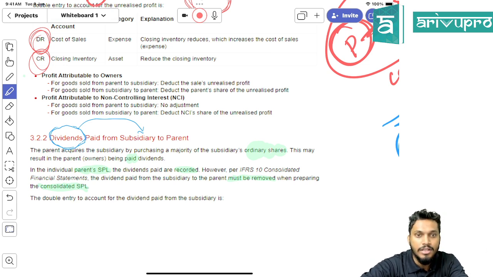No. This dividend is the amount that you will receive or you might not receive. In a P&L, whatever profits you see, it's just an allocation. Are you actually receiving those profits? Can I actually pay those profits? Non-cash items are there.